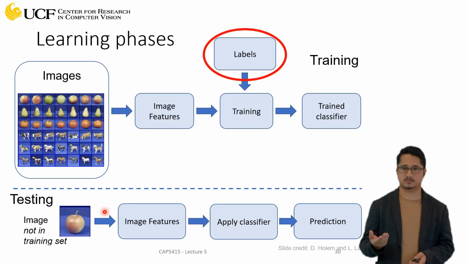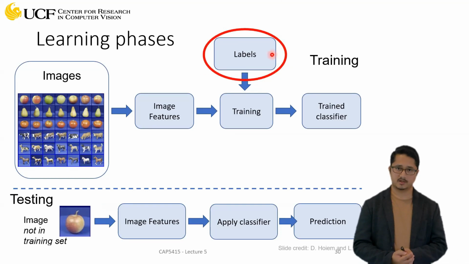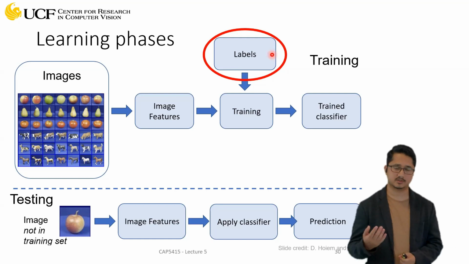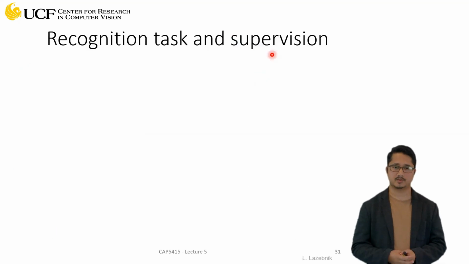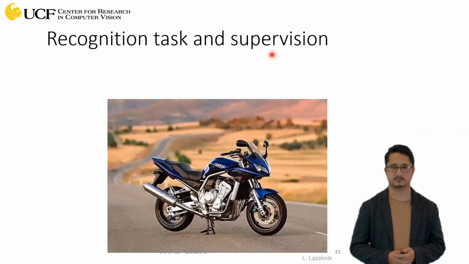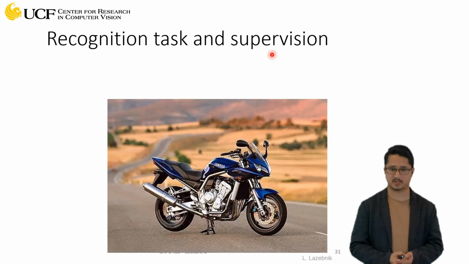Right. So as I said, you need labels to train your model. Now, to better understand what these labels mean, let's go a little deeper on that, because labels can vary depending upon what task you are trying to solve. Let's take this example. This is an image of a motorbike.